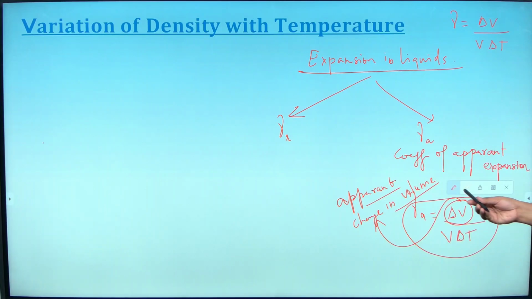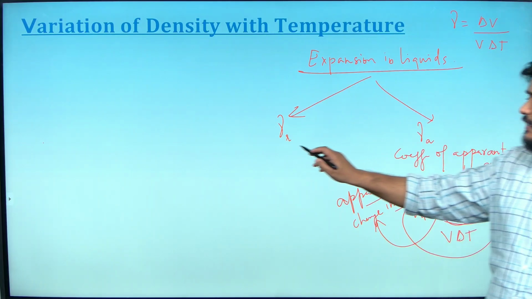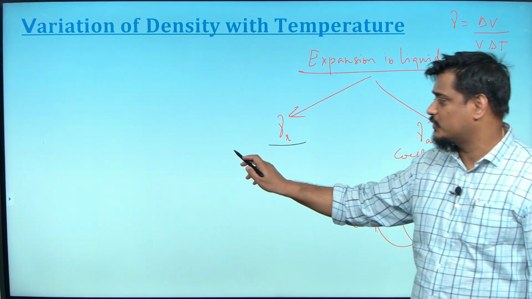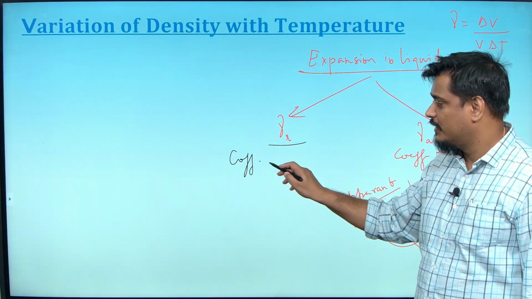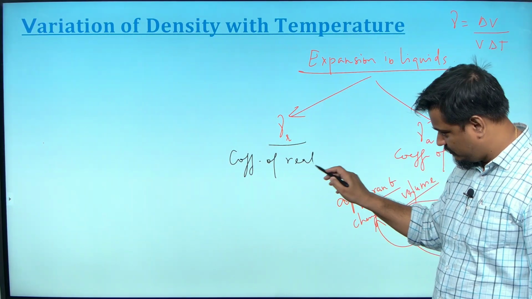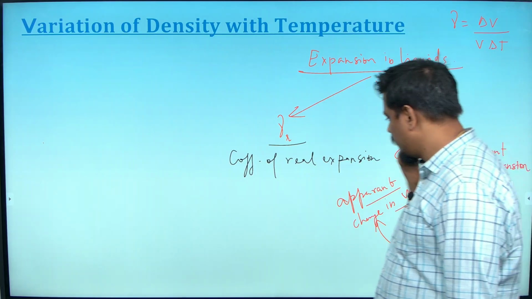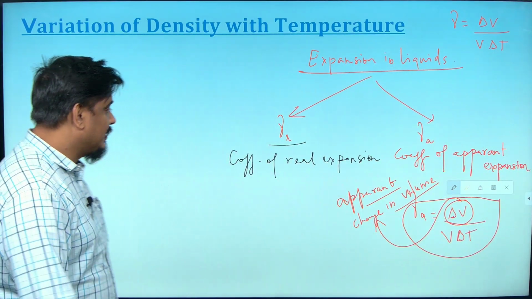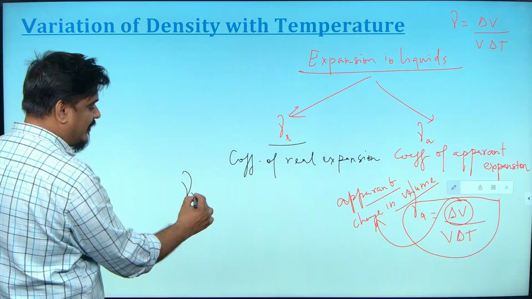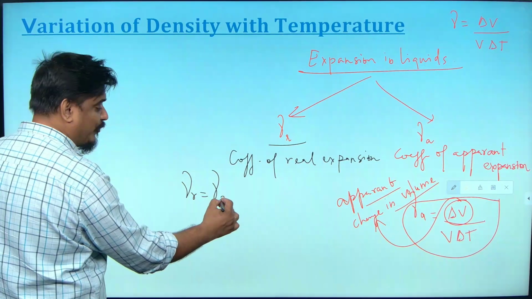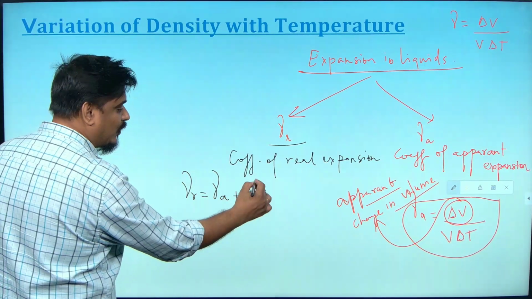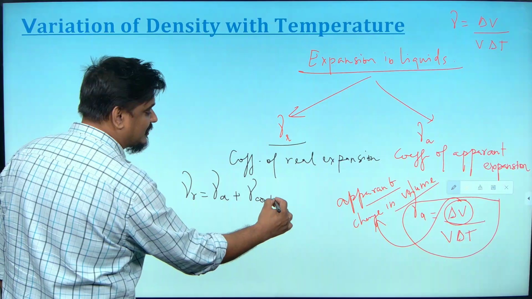And so, what will be the gamma R then? It is called the coefficient of real expansion. The coefficient of real expansion will always be equal to the coefficient of apparent expansion plus the coefficient of the container's expansion.